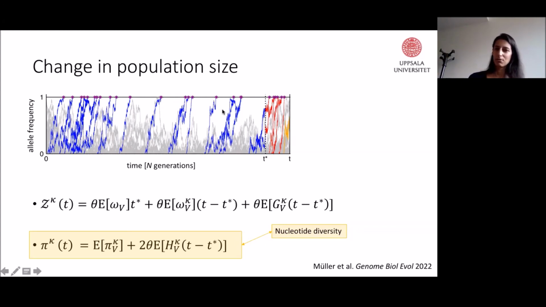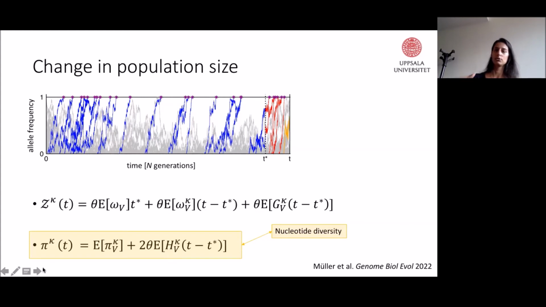It doesn't matter what happened in the very past, only the currently segregating polymorphisms. Of course, we can have paths that cross the line of T star, depending on whether the mutation originated before or after the change in population size. That means what matters is the pi after the change in population size plus a correction term for those paths that cross T star.